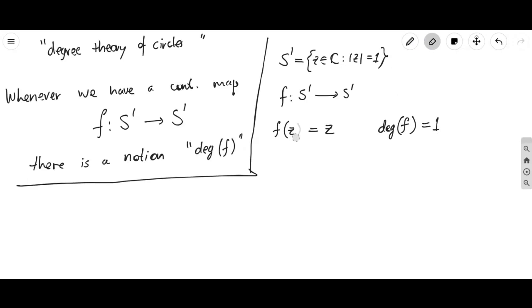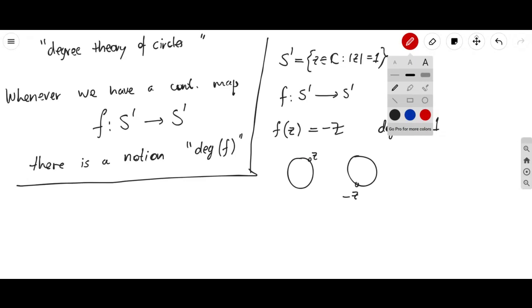Now let's say f of z is equal to negative z. What should the degree be? Well, the degree should still be 1. Even though it's negative, if you look at the power on z, the power is still 1. Or maybe you can even visualize what this function is doing. If you have a point z, negative z is on the other side.